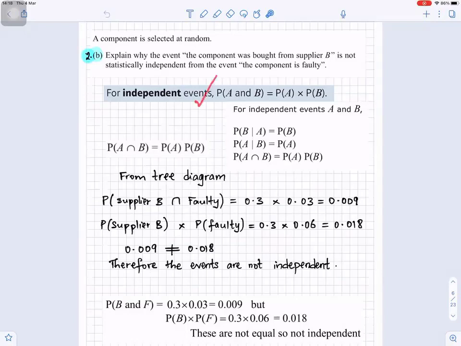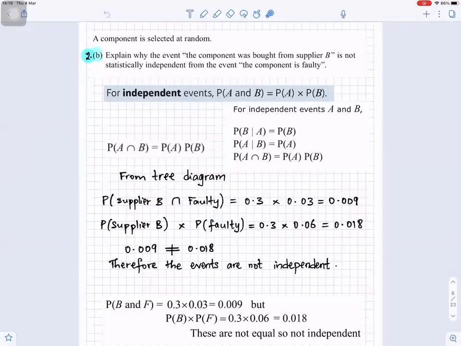For independent events, probability of A and B is the same as probability of A times probability of B. So for independent events A and B, probability of B given A is equal to probability of B, and probability of A given B is equal to probability of A. Probability of A intersection B is probability of A times probability of B. From the tree diagram, the probability of supplier B intersection faulty is 0.3 times 0.03, which gives you 0.009.